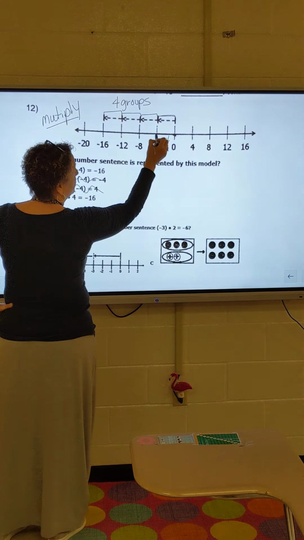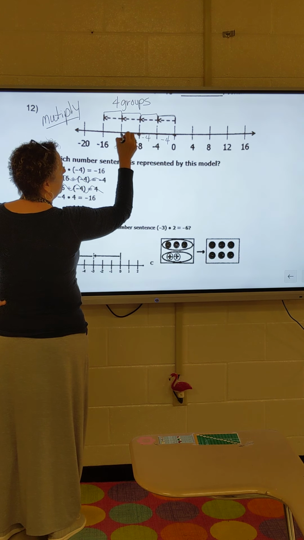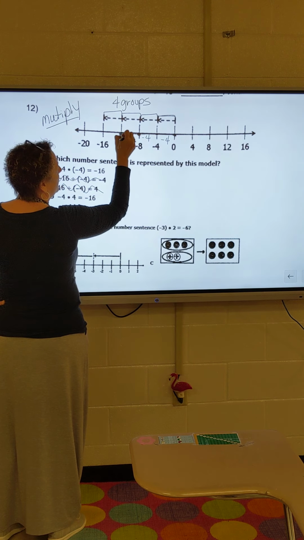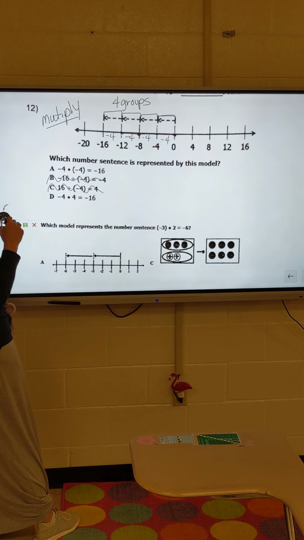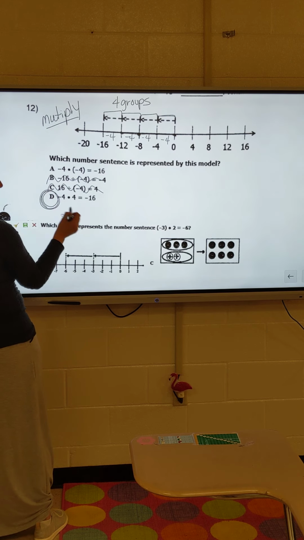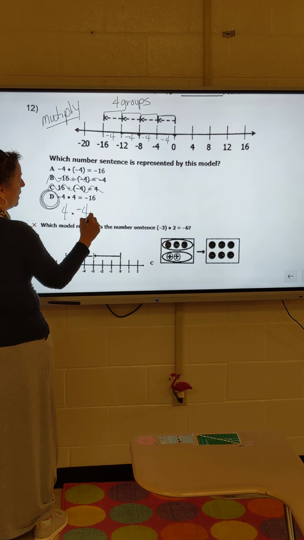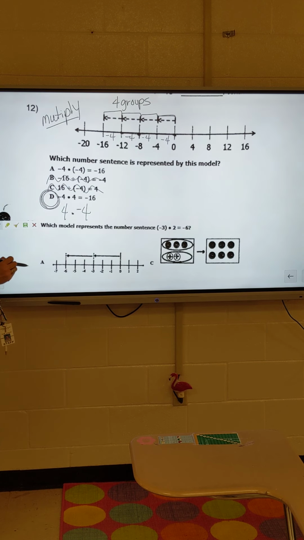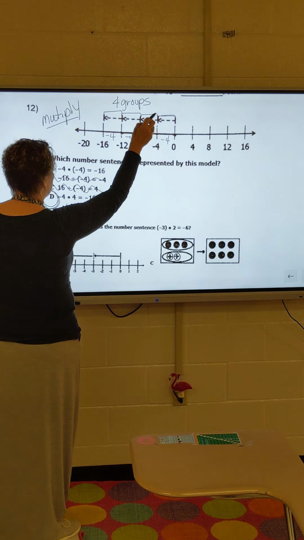And from negative 4 to negative 8 is negative 4 more. And from negative 8 to negative 12 is negative 4 more. And from negative 12 to negative 16 is negative 4 more. I have 4 groups of negative 4. Which would be D. Because 4 groups of negative 4 is the same thing as negative 4 in 4 groups.